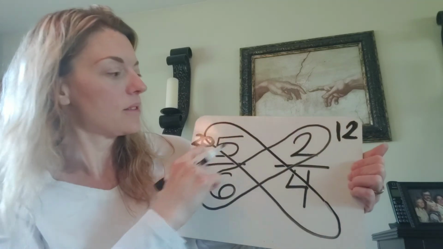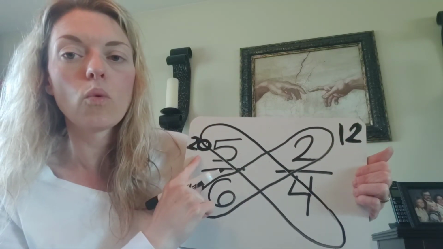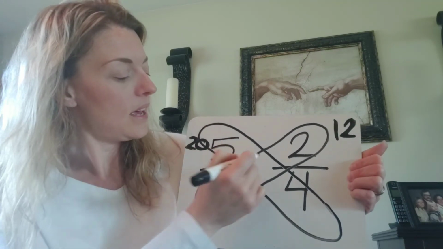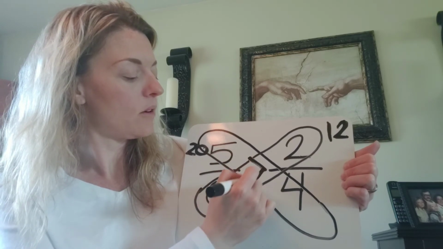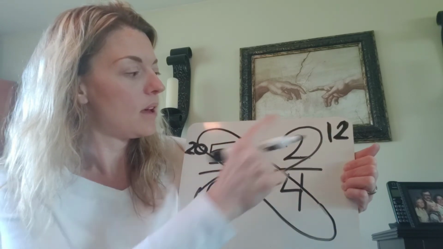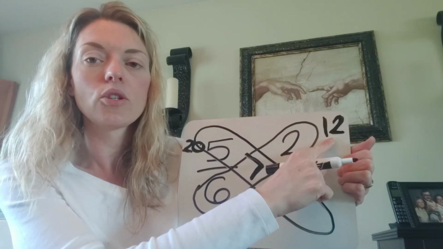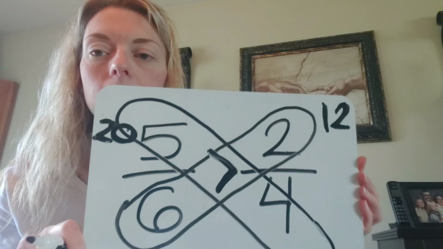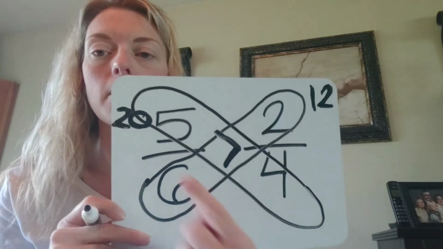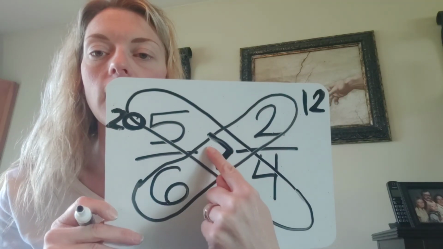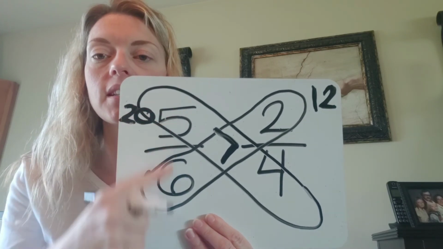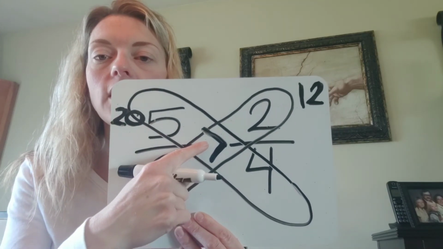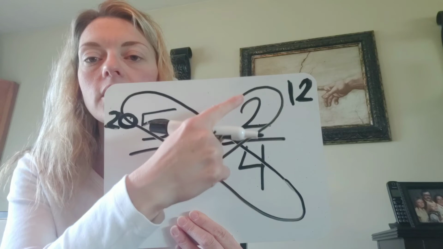Compare your products, okay? 20 is greater than, open that Pac-Man mouth, 20 is greater than 12. So 5/6 is greater than 2/4.